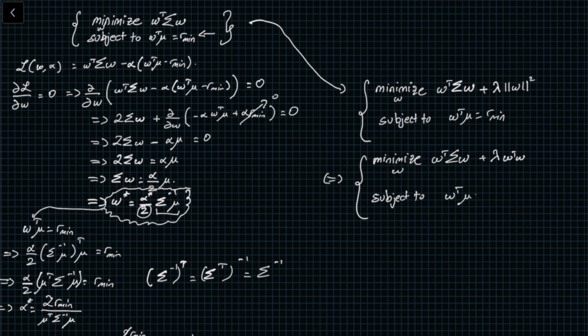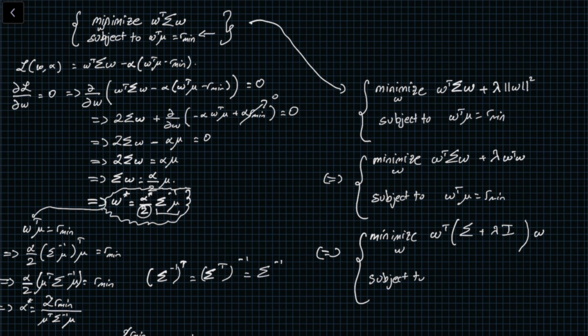Now, if we factor W transpose on the left-hand side and W on the right-hand side, we get sigma plus lambda I, subject to the same exact constraint. Nothing has changed.